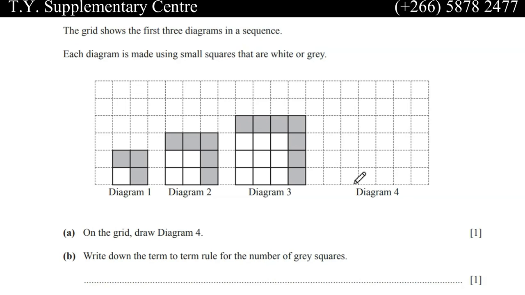So if we count 1, 2, 3, 4, 5, that means this is 1, 2, 3, 4, 5, and then going upwards is 1, 2, 3, 4, 5. So let's complete the box.